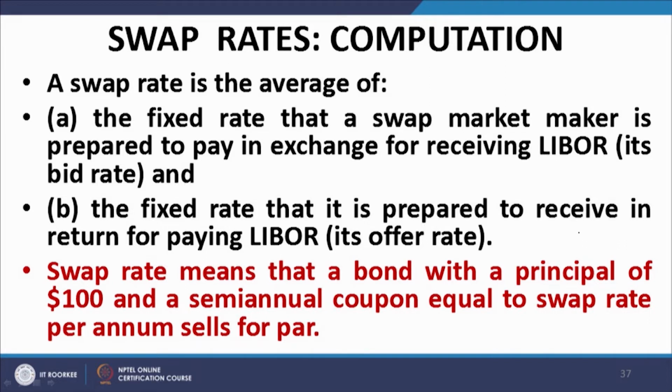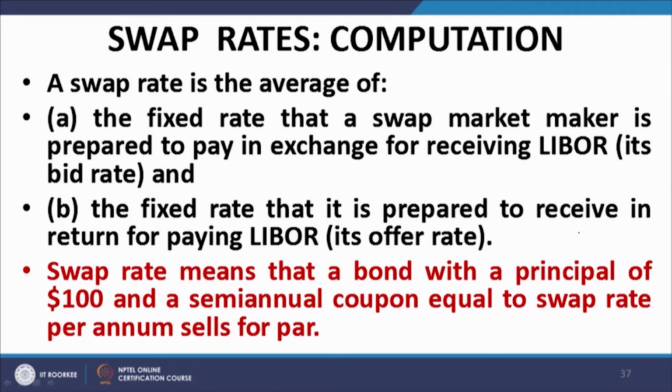So, the technical definition of swap rates, an improvement on what I mentioned a few minutes back, is that it is the average of the bid rate and the offer rate, where the bid rate is the fixed rate that the market maker is willing to pay in exchange for LIBOR, and the offer rate is the rate that the market maker is willing to receive in exchange for the LIBOR rate.